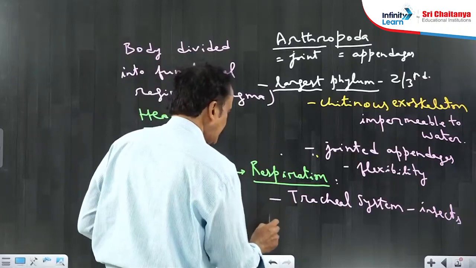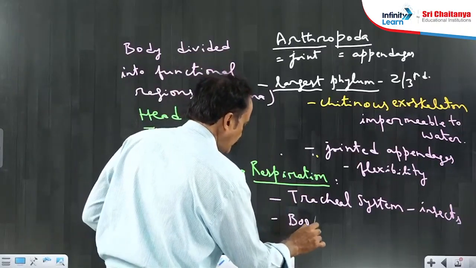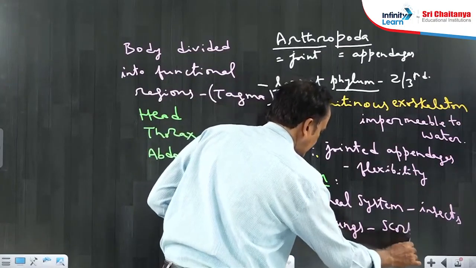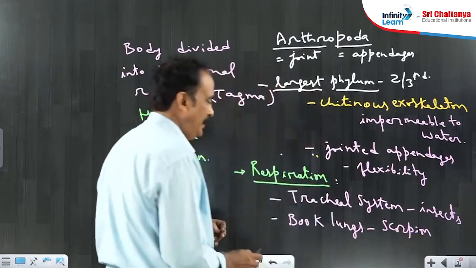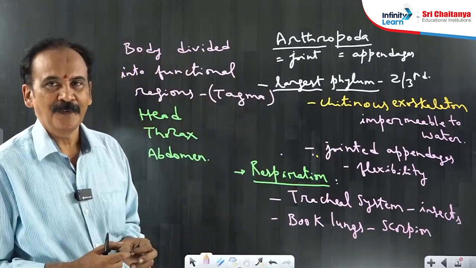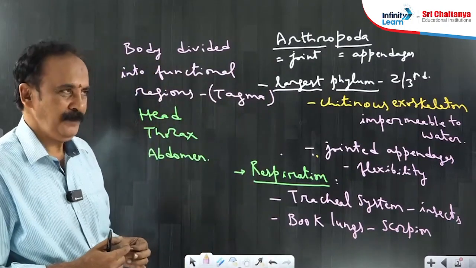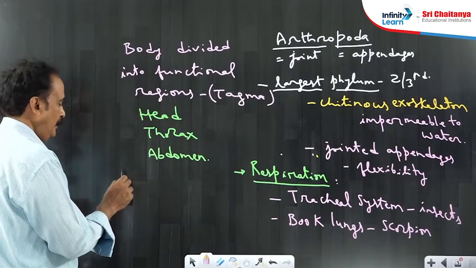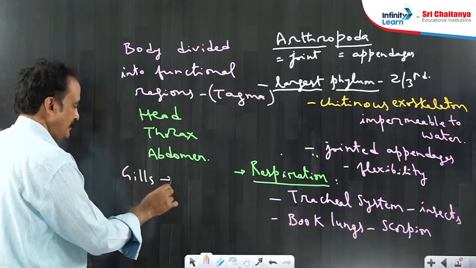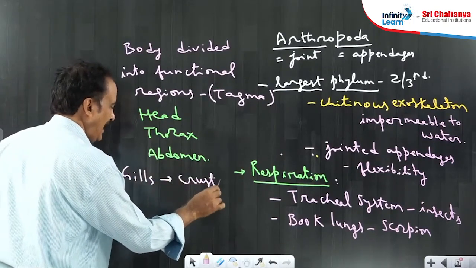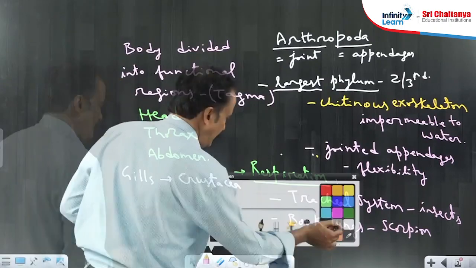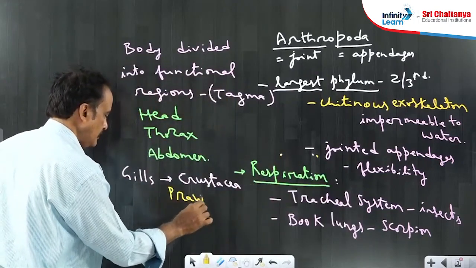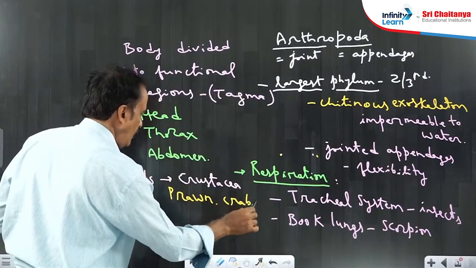In case of scorpion, you find special structures named as book lungs. Book lungs are the respiratory structures in scorpion. In case of aquatic animals, for example say the prawn, you will have gills. So we have a class in Arthropoda called crustacea. This class has examples like prawn, crabs, lobsters.